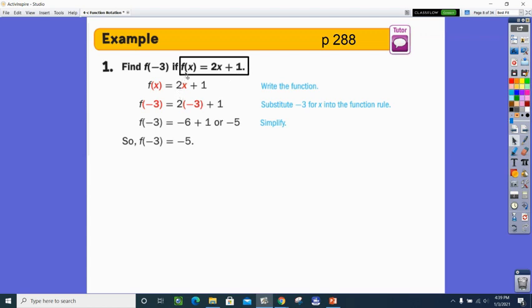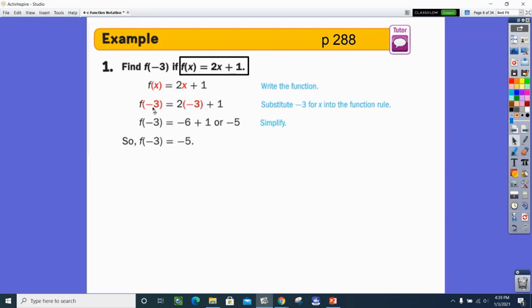So the question is, what number are we going to send into the machine, into the function? And this f of -3 tells you what's going in. So this -3 is going to take the place of the x. So f of -3, the function of -3, is to take 2 times -3, which is -6, add it to 1, and you get -5.